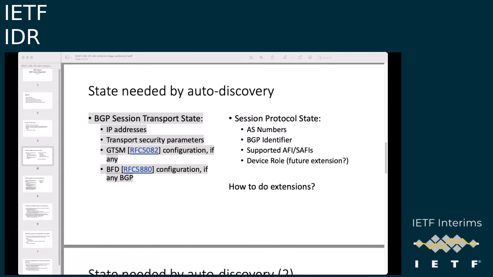So where I've been speaking of that, I'm going to leave out device role as one of the qualifiers, just sticking to the standard RFC 4271 BGP.